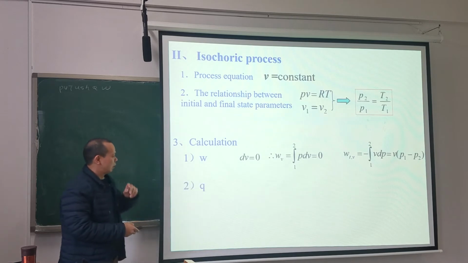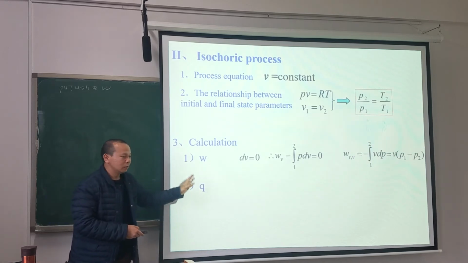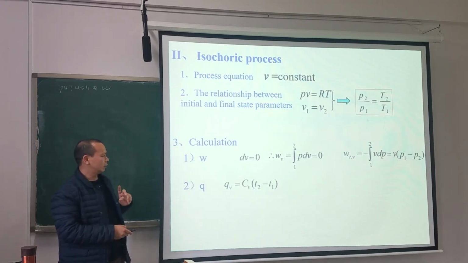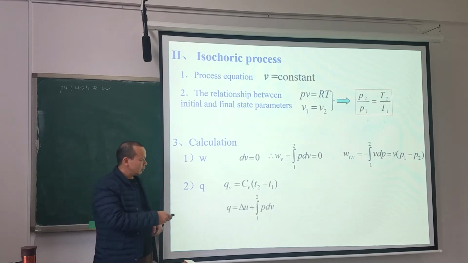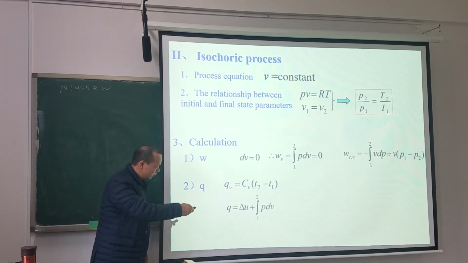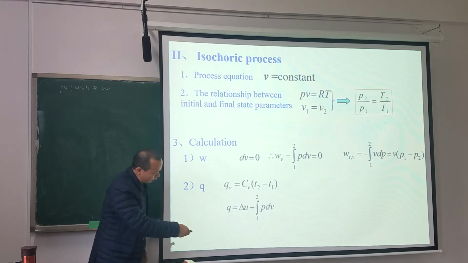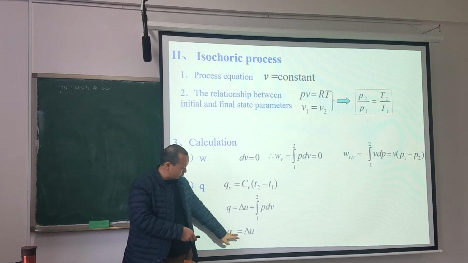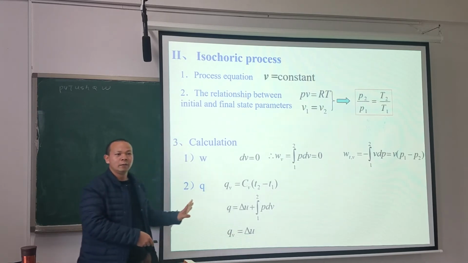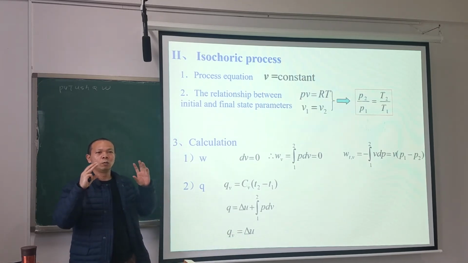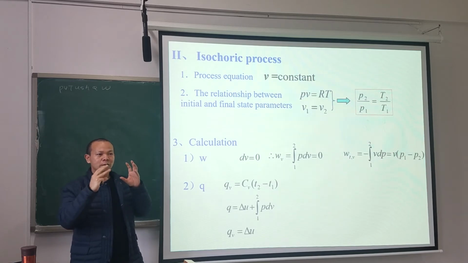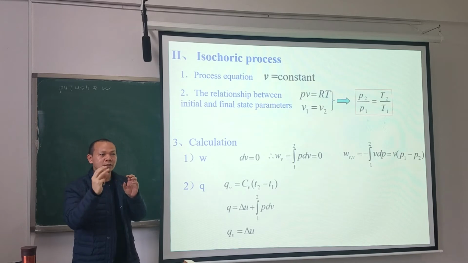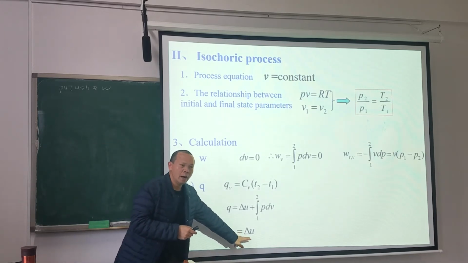And then we can try to calculate the Q. I think you know this equation. Also, we can use this one. We know Q is equal to delta U. So for a constant volume process, all the heat absorbed by the system is used to increase its internal energy.